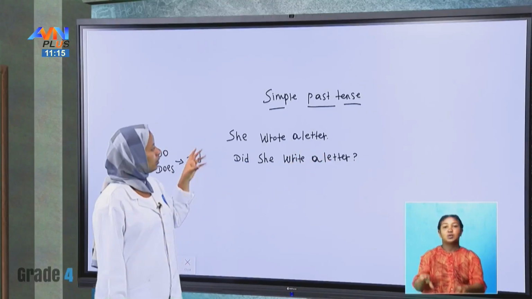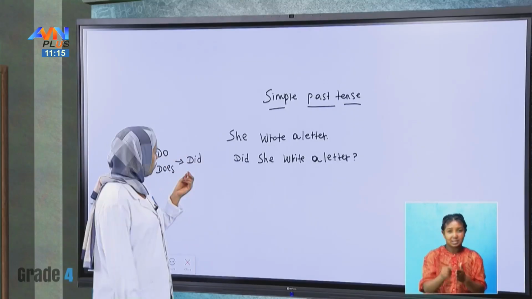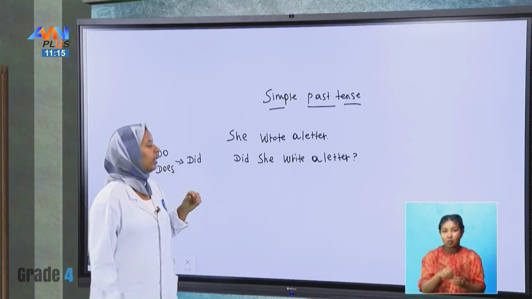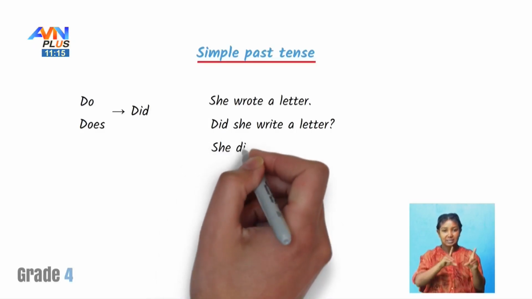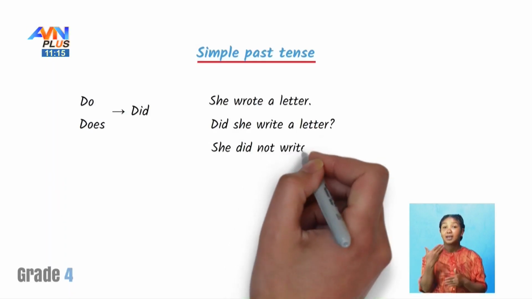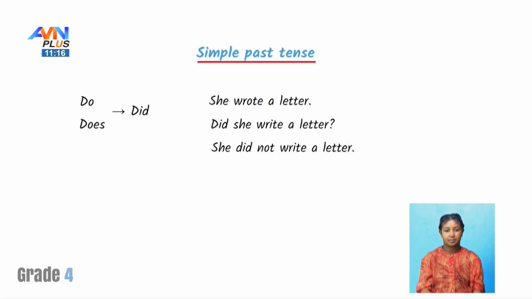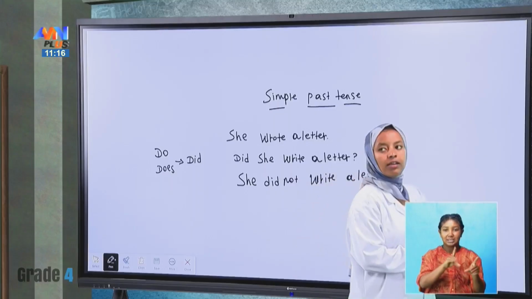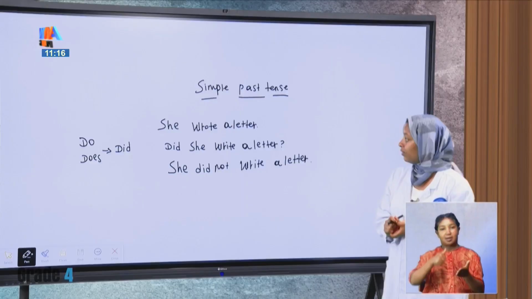Okay, students, let us change this interrogative sentence to negative form. Here is the same structure. We can use did, but as a negative, we also use not. Let us change. She did not write a letter. Full stop. Look at these examples.